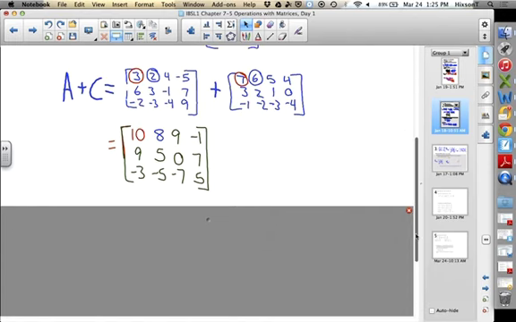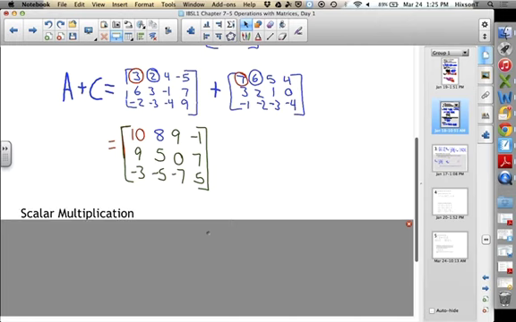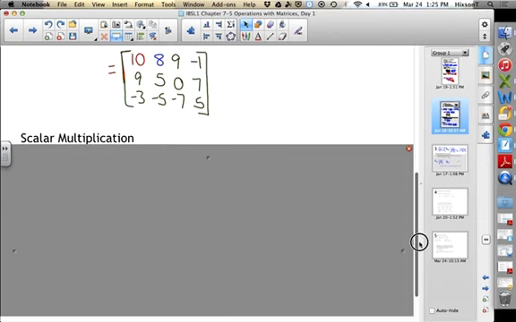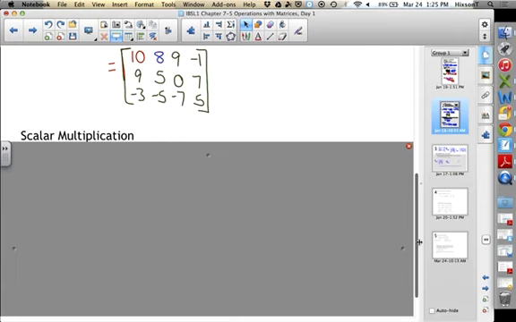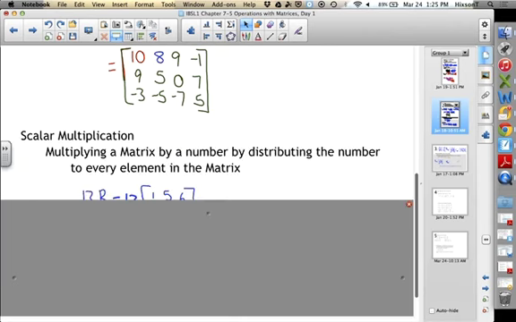The second operation that we're dealing with is what's called scalar multiplication. What's a scalar? A number. It's just some real number. So we're multiplying a matrix by a number. Here, you can multiply any matrix, no matter what its dimensions are, by a number.